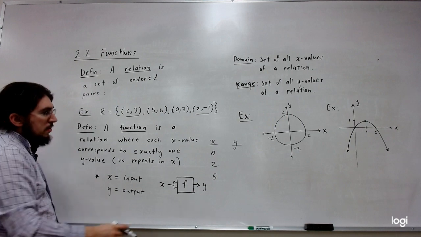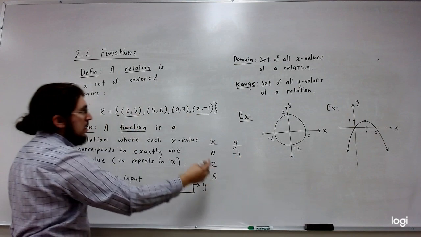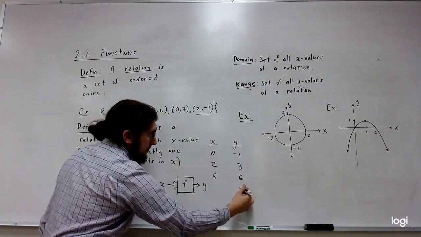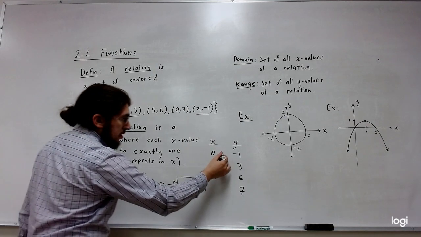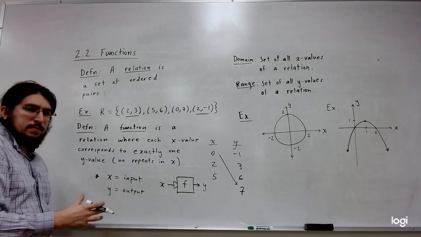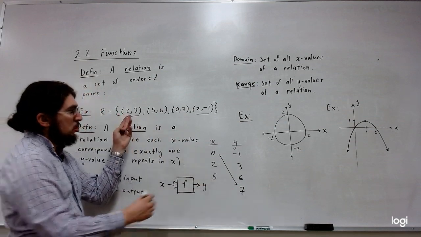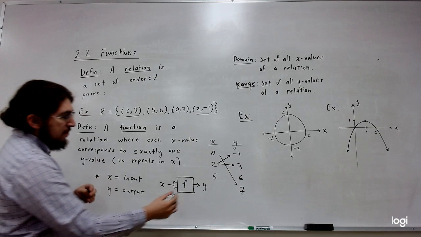The y values in order: -1 is the smallest, 3 is the next one in line, then 6, then 7. Now, what goes to what? Well, 0 arrows to 7. This is sometimes called a mapping diagram, so 0 maps to 7, 2 maps to 3 and also to -1, and 5 maps to 6.